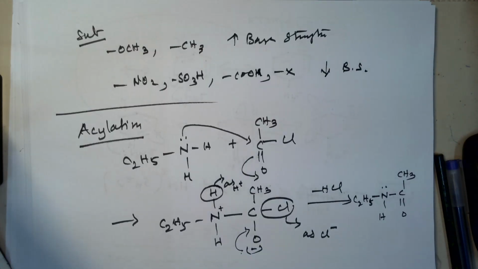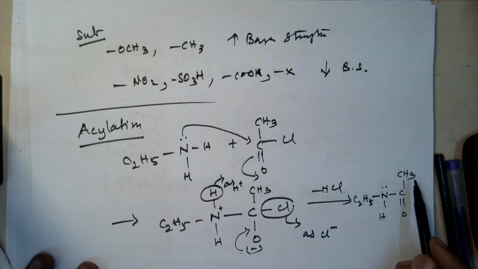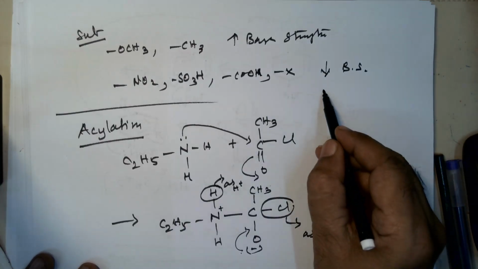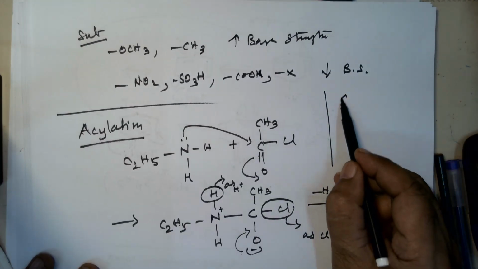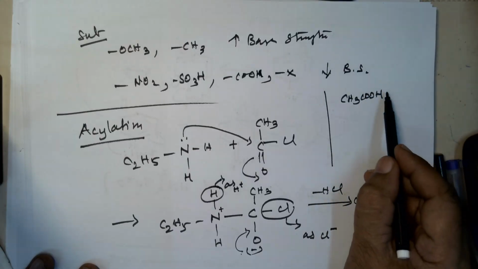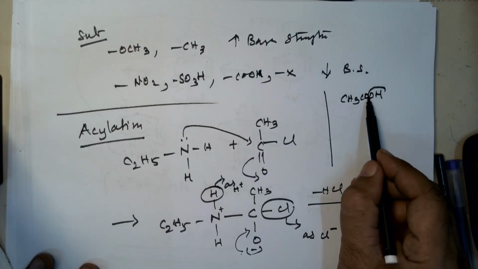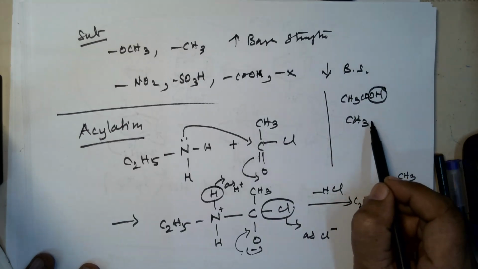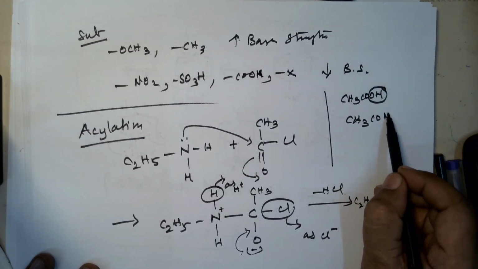So this is known as N-ethyl ethanamide. Why? Because of CH3CONH2. Let me explain this. CH3COOH is ethanoic acid. Remove OH and in place of that introduce amine. So CH3CONH2.